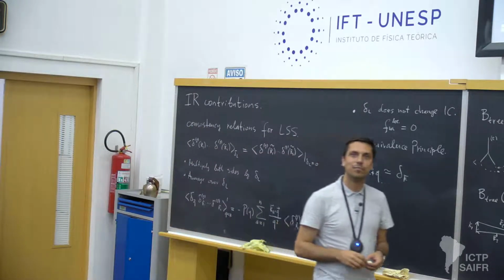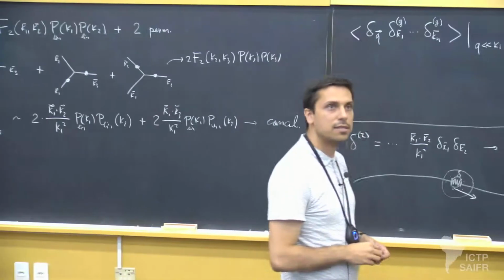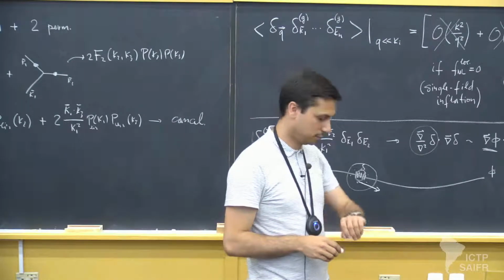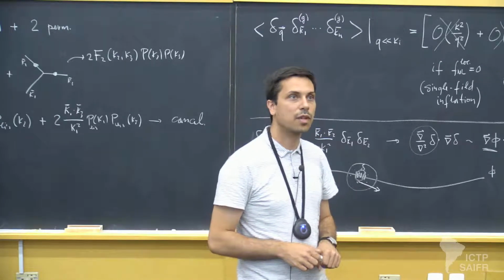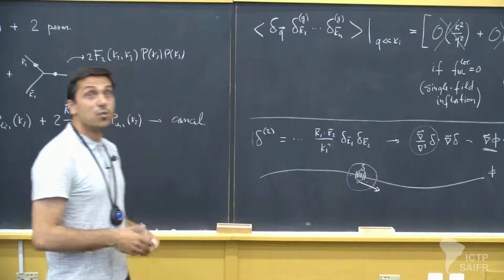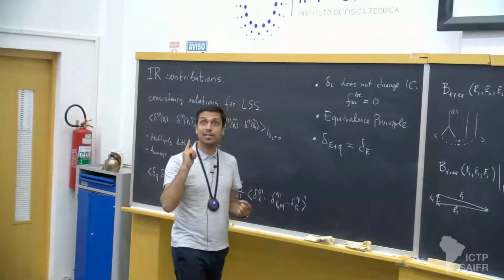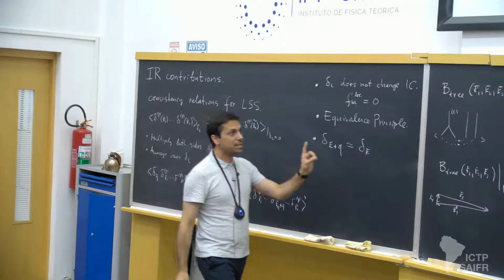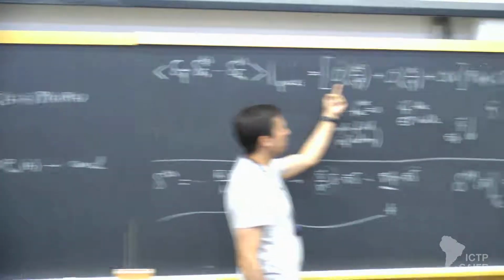Yes? Yes, we cannot derive anything in this case. We cannot derive, but what we can say is that there will be some term, for example, if there is local non-Gaussianity, there will be some term of this sort.